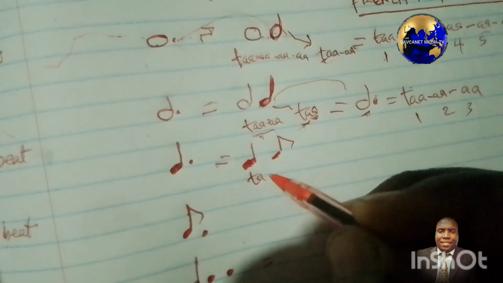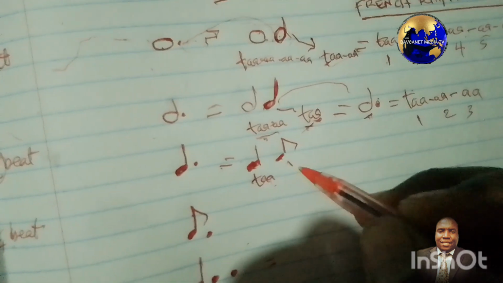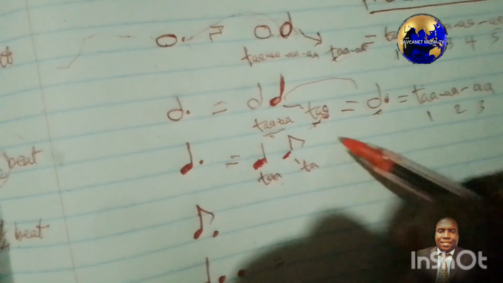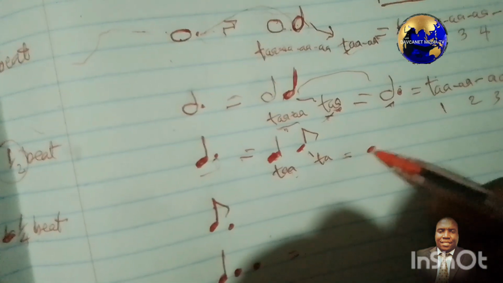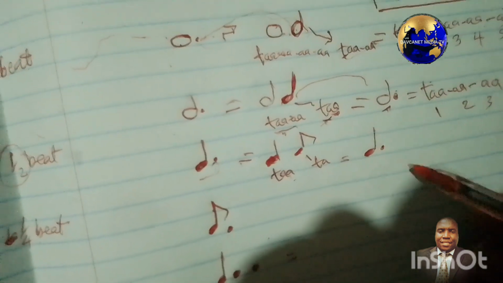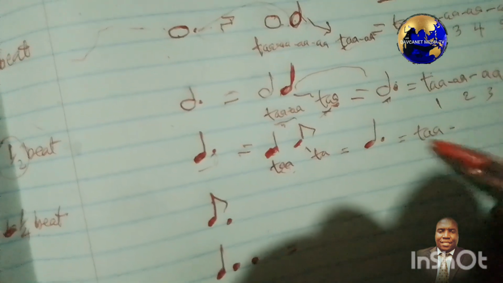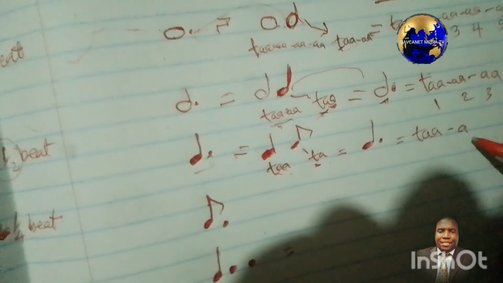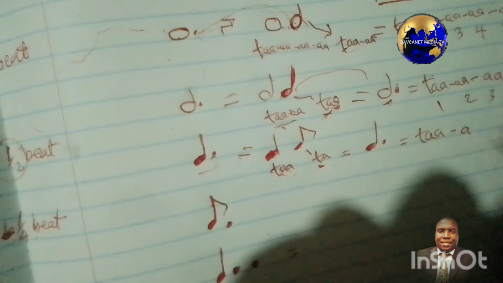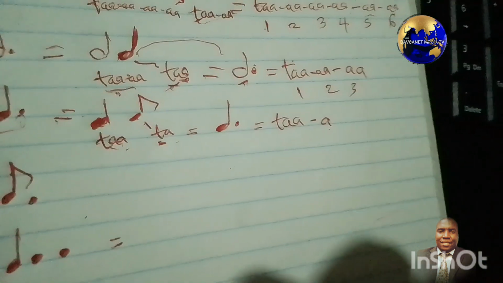The French rhythm name of a crochet is ta, and this one is ta, ta. Writing the dotted crochet, we write ta and we omit this t. We write 1 a, ta, a, ta, a, ta, a.